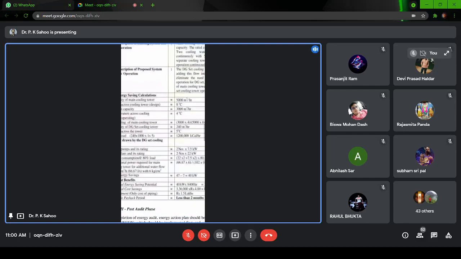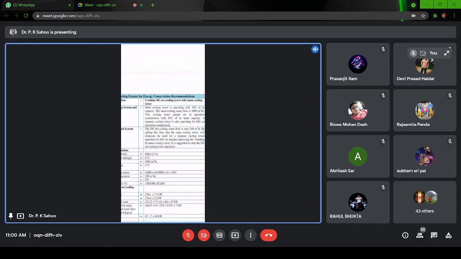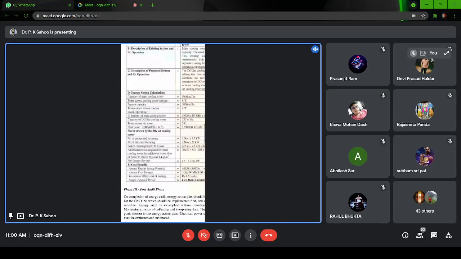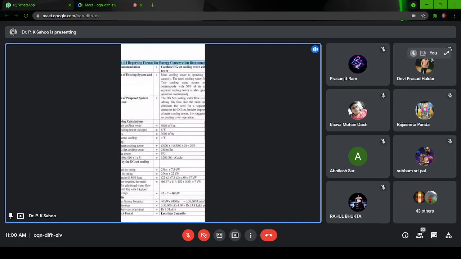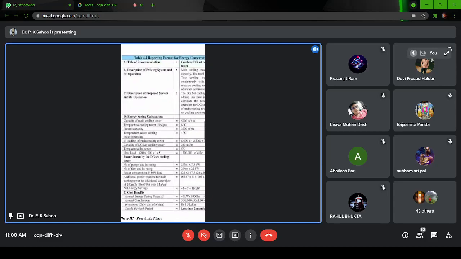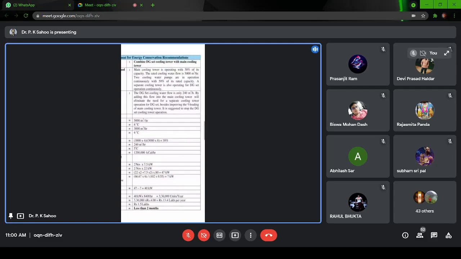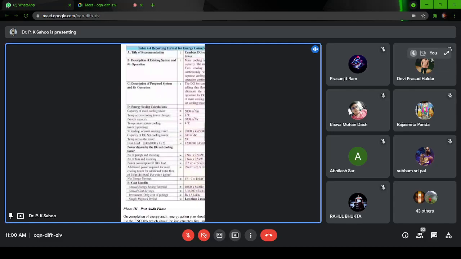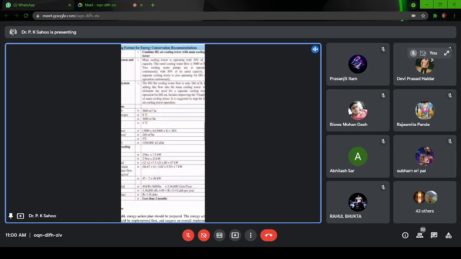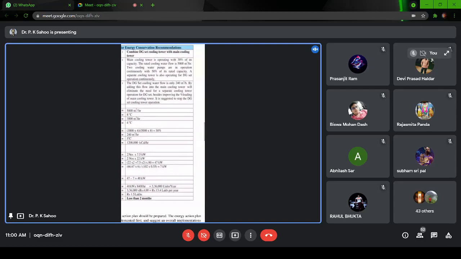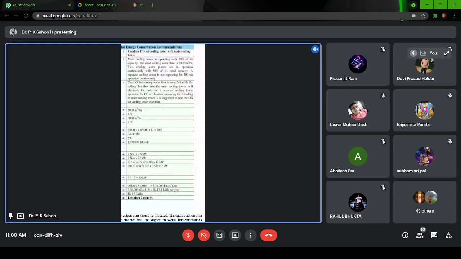Okay, this is close, you already got some idea, and this is a problem, so you will solve it yourself. You now see here the reporting format for energy conservation recommendation, which is giving a problem. Here the main cooling tower is operating at 30% of its capacity, the rated cooling water flow is 5000 meter cube per hour.